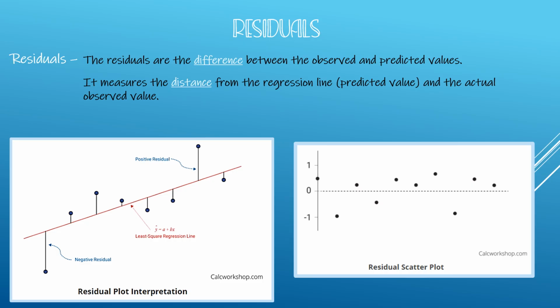The lines show you the distance from that actual data point to our linear regression equation, which is where we would get predicted values. Notice the far left point is below that linear regression line, so that has a negative residual.